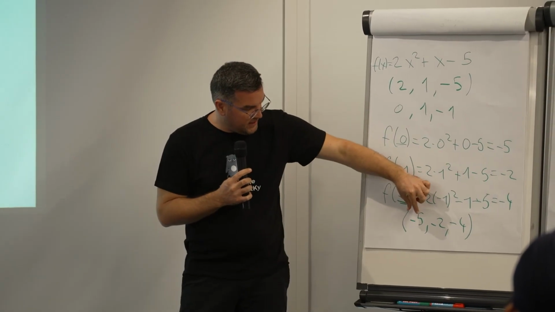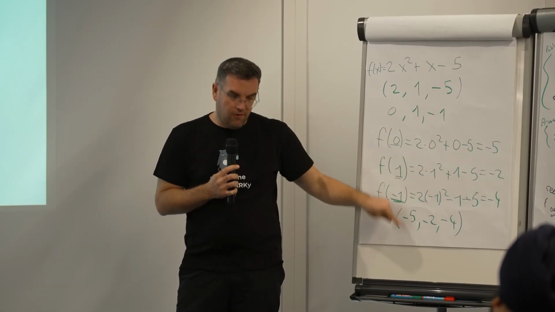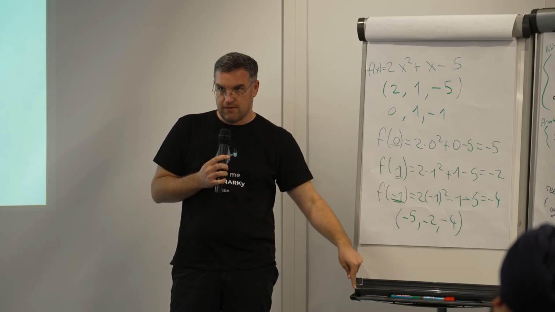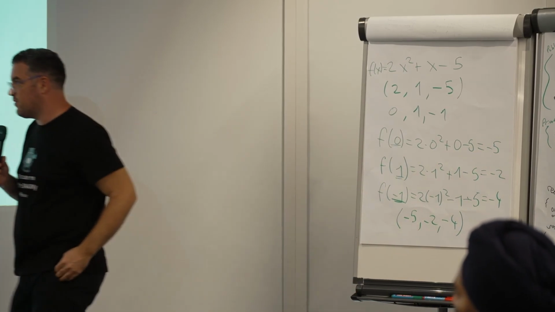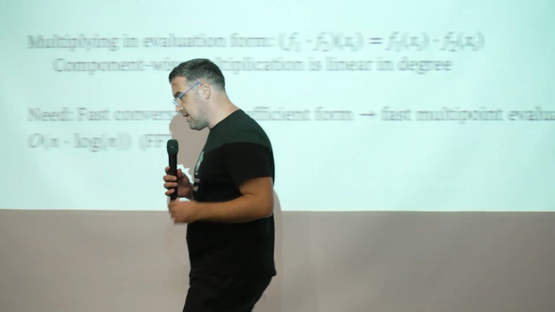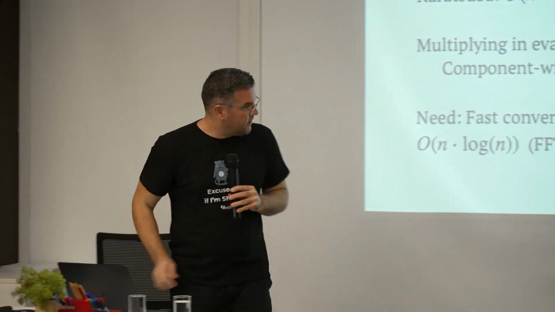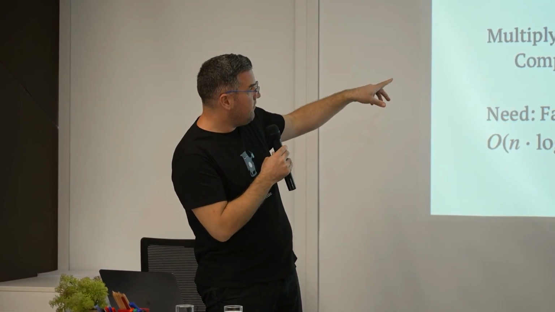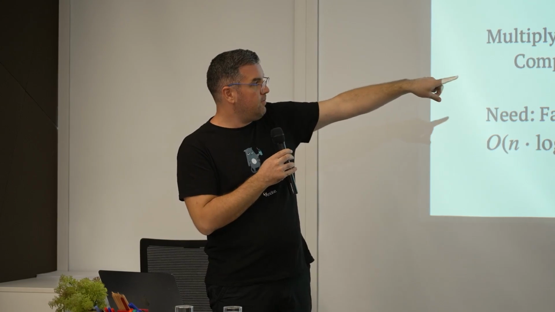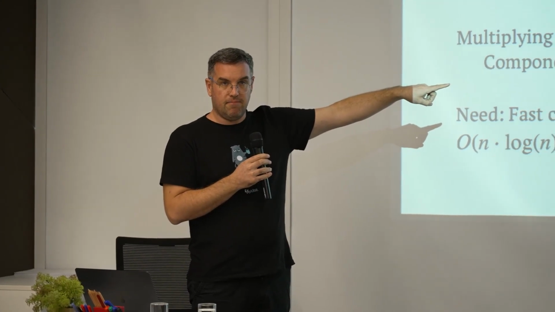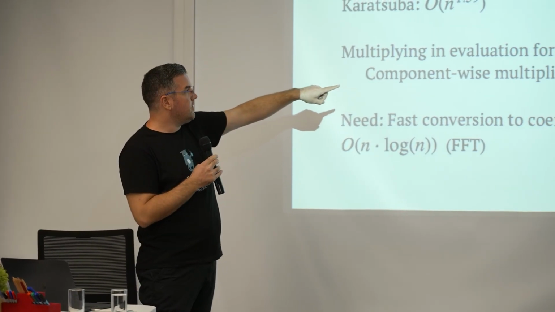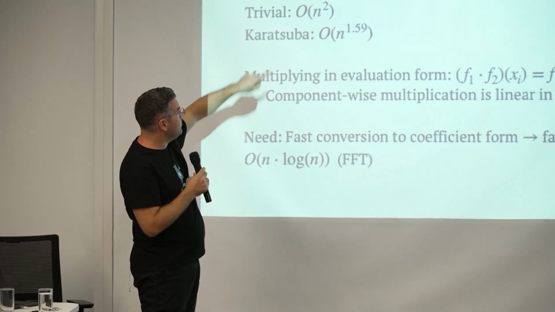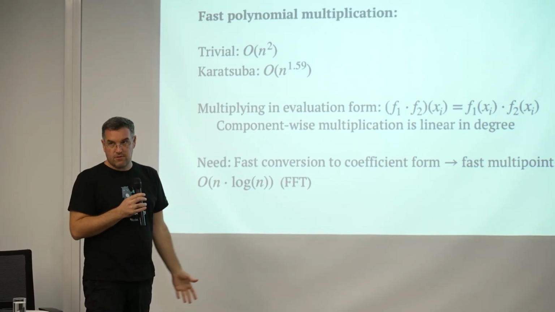You take the values at each of the evaluation points of both polynomials, multiply them together, and that will give you the value of the product of the polynomials at the same evaluation point. This way you get a very fast algorithm that's linear in the degree. That's something you cannot do if those polynomials are represented in coefficient form.